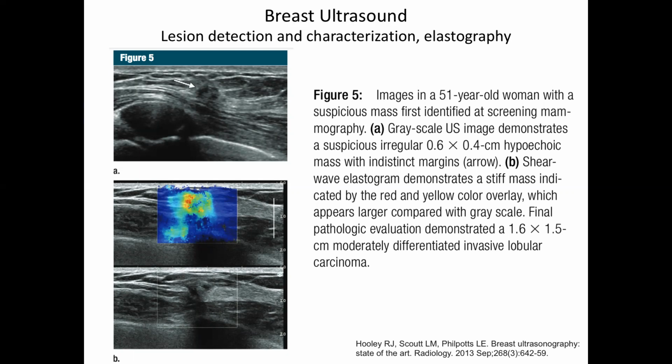We'll see some slides on this in a minute. And then this highlight says, oh yeah, this thing here is quite stiff compared to the surrounding tissue, and therefore it stands out as probably a cancer, right?